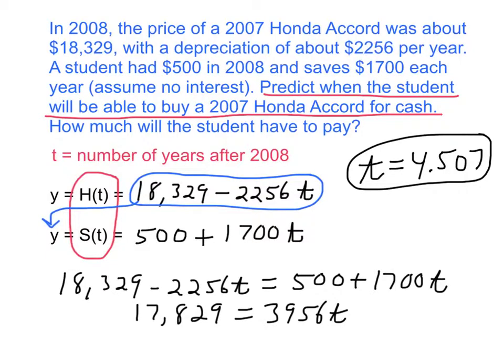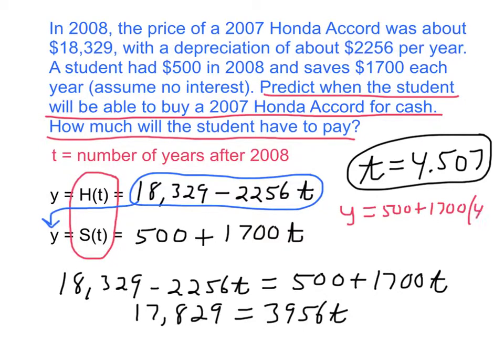But the other part of the question says, how much will the student have to pay? Now, to answer that part, we would have to take this answer, 4.507, and substitute it into either one of the two given equations. I'll go ahead and use the bottom one. So y would be 500 plus 1700 times 4.507.